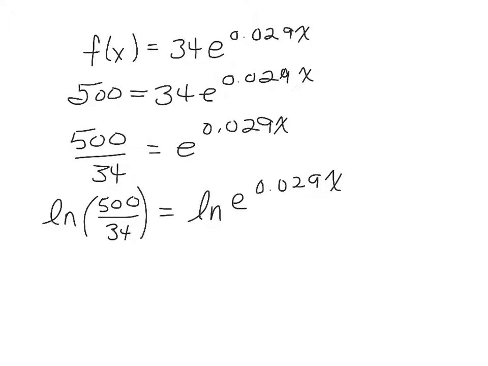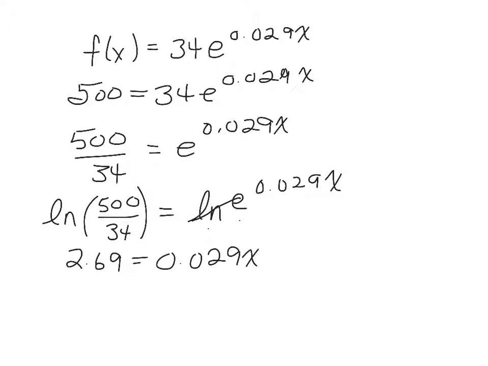And we'll recall that ln and e are sort of inverse operations, if you will, and ln of 500 divided by 34 is 2.69. So we have 2.69 on this side. And that leaves us with 0.029x here.